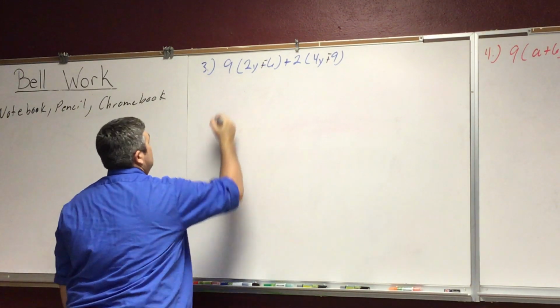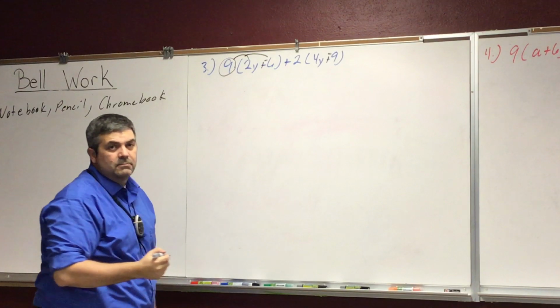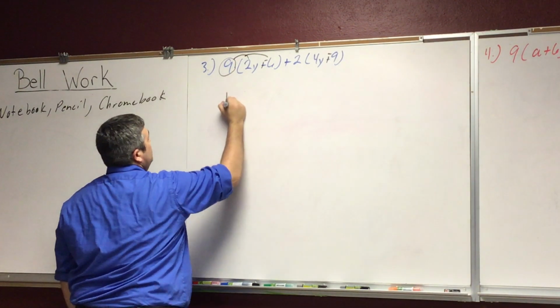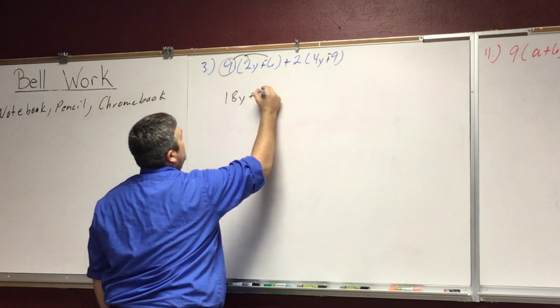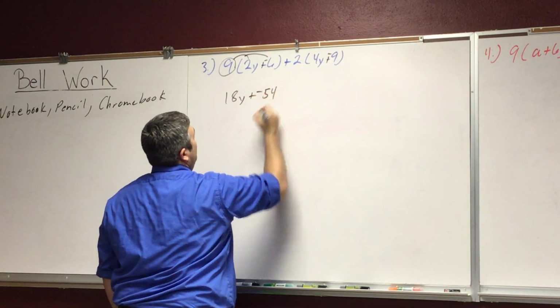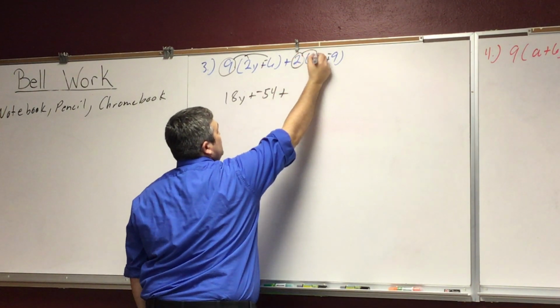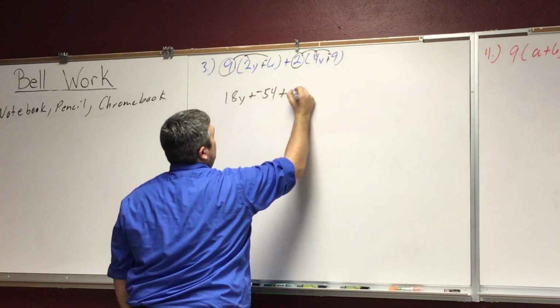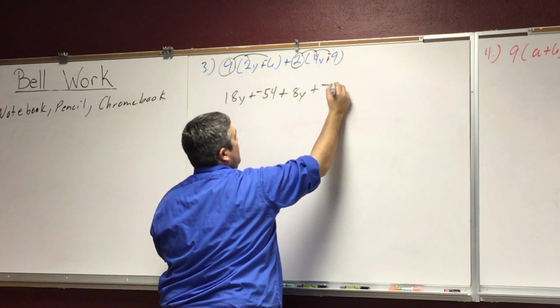All right, so distribute. 9 times each term inside there gets you 18y plus negative 54 plus, distribute this to each thing inside there. 2 times 4 is 8y plus negative 18.